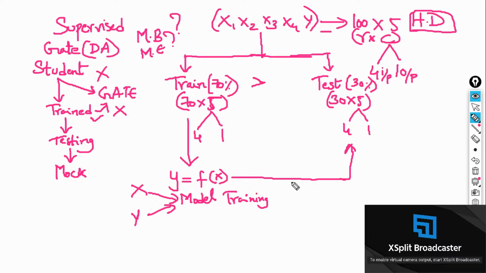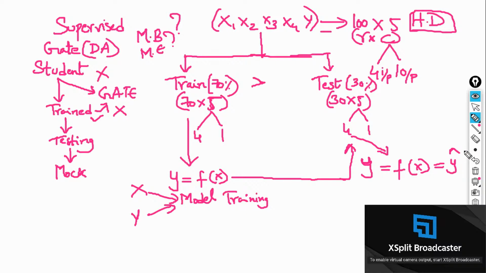By taking this model, I will use it on the test dataset. When you use this model on the test dataset, y is equal to f of x. Should I pass both inputs and output that I have in the test dataset? No, we have to pass only inputs. So that gives me predictions.